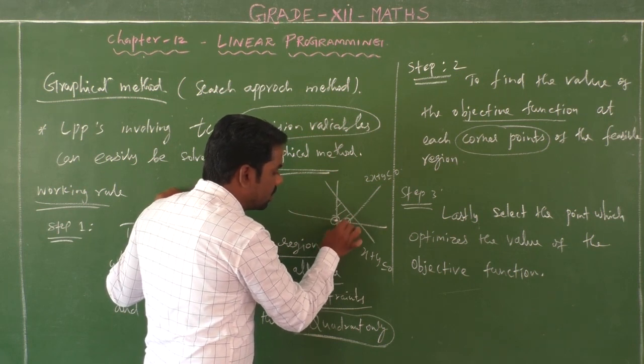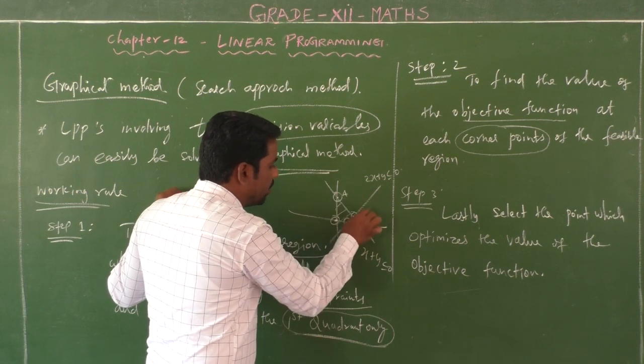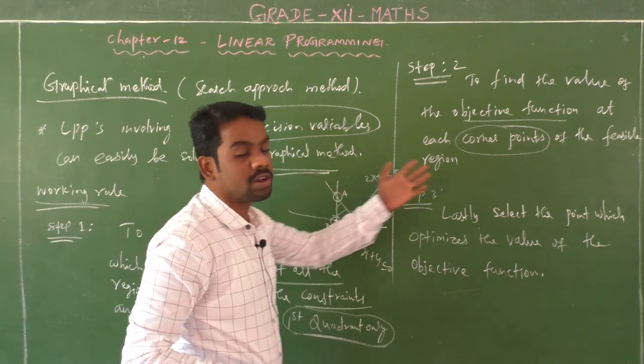And also the corner points: A, B, C, D. Here A, B, C, D are the corner points.